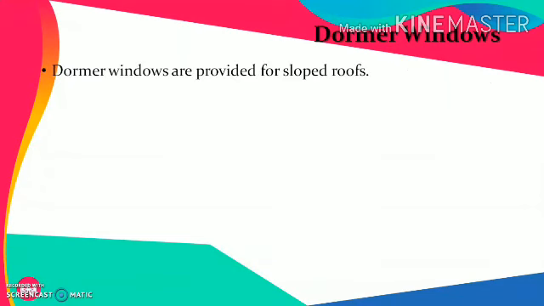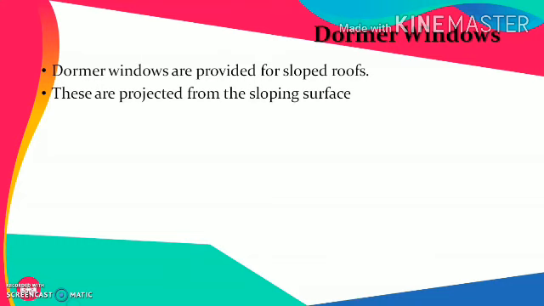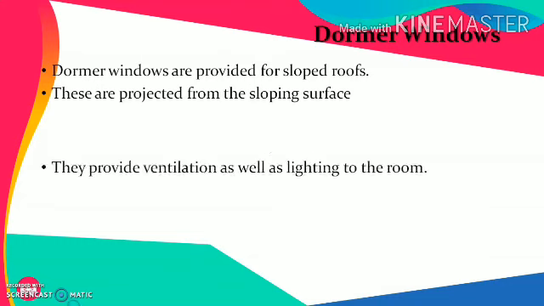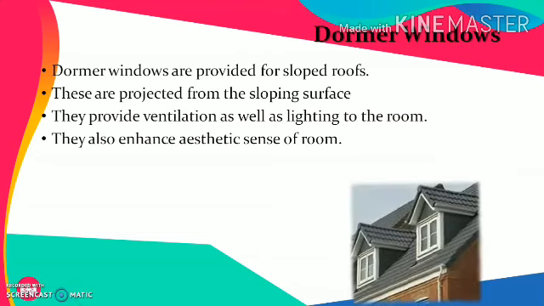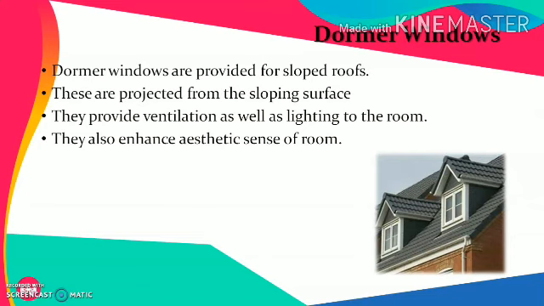Next is the dormer window. Dormer windows are provided for sloped roofs. These are projected from the sloping surface. They provide ventilation as well as lighting to the room. They also enhance the aesthetic sense of the room. This is a figure of dormer windows.